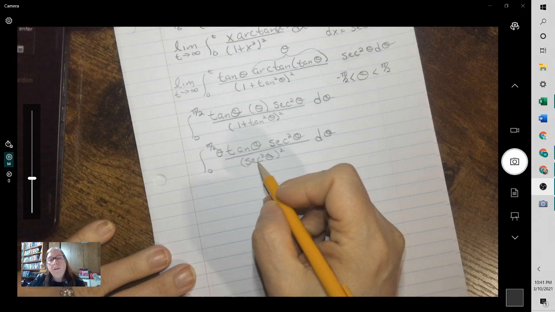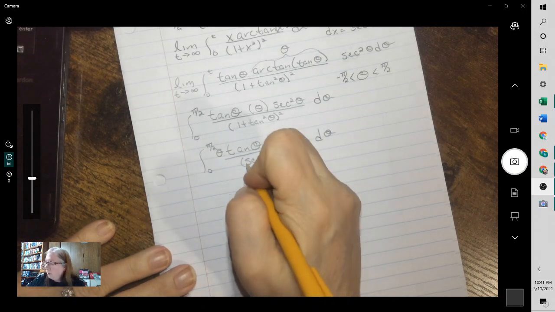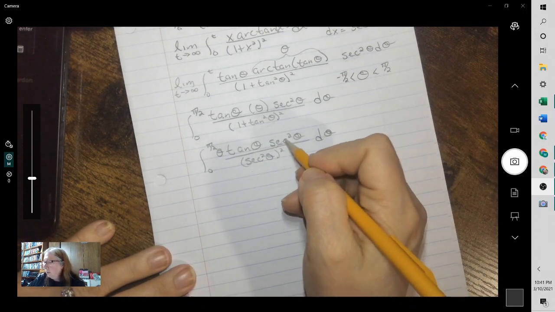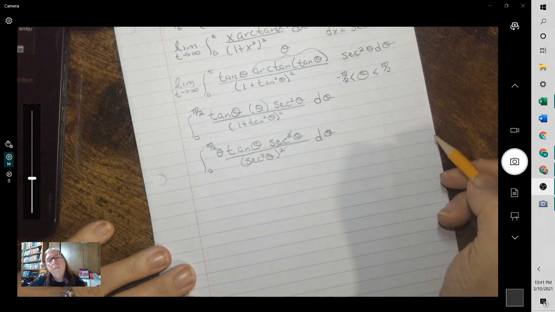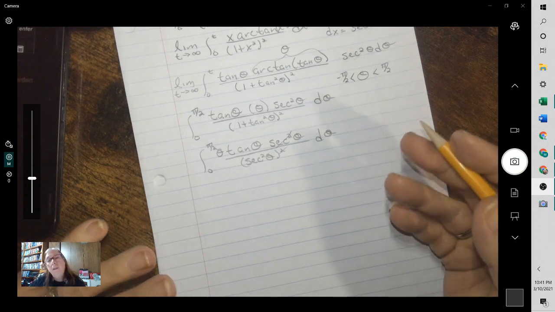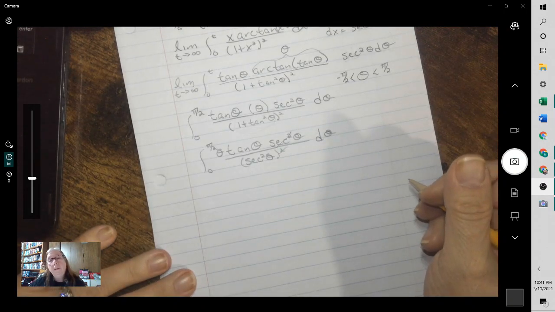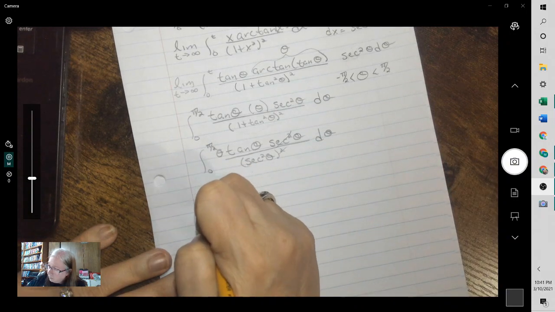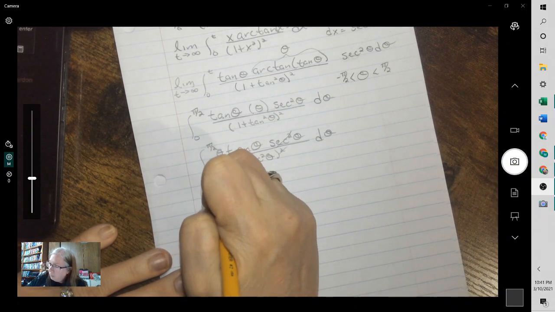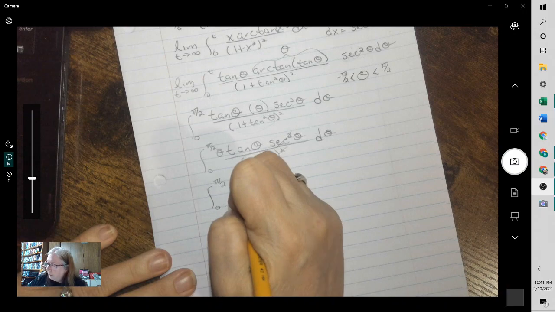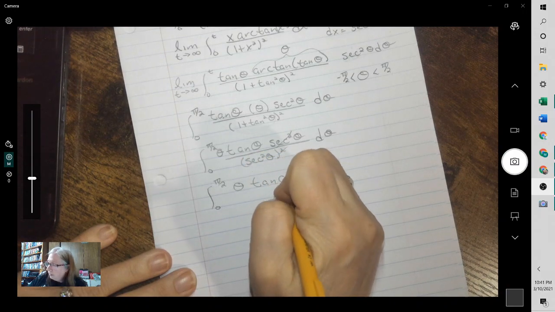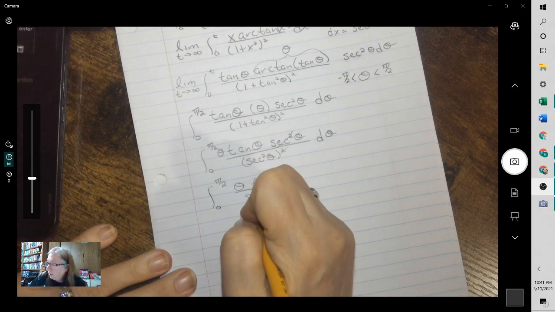Now if you want, you can think of this as secant squared times secant squared, but this is going to cancel with one of them. Simplifying it some more then. 0 to pi over 2 theta tangent theta over secant squared.